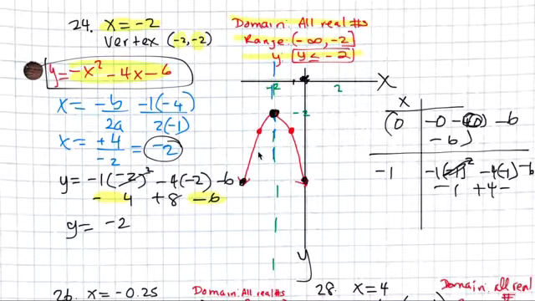That's a negative 6. That gets you negative 7 right here. Plus 4. Get a negative. Uh-oh. The vertex. What did I do wrong? I got a negative 3.